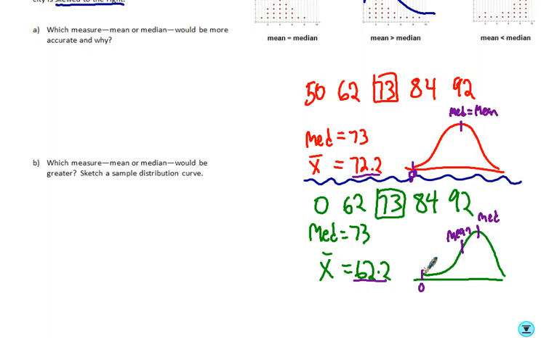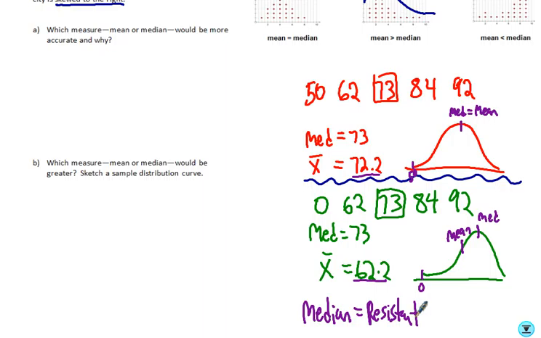And so what we say is that the median is a resistant measure, right? So the median is resistant and the mean is non-resistant.